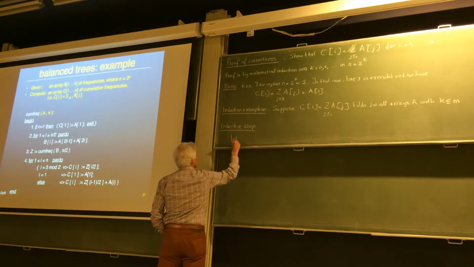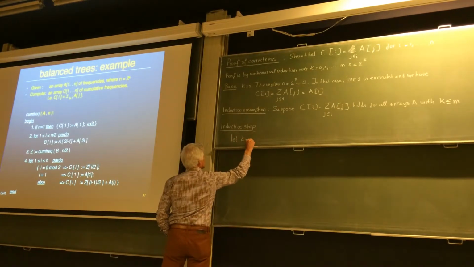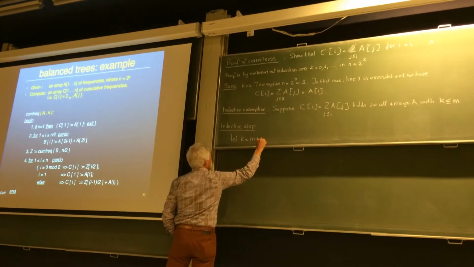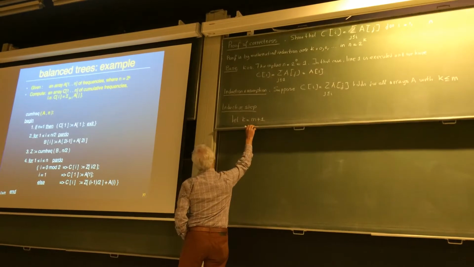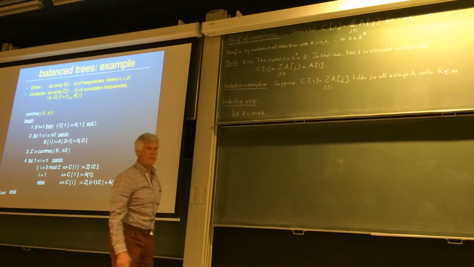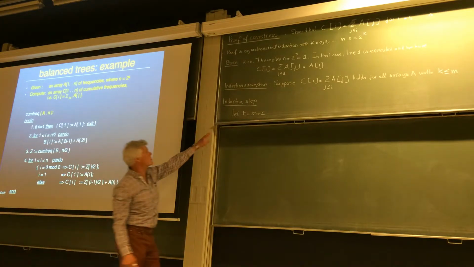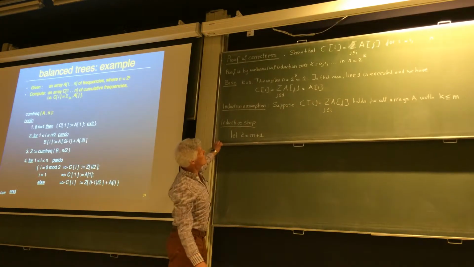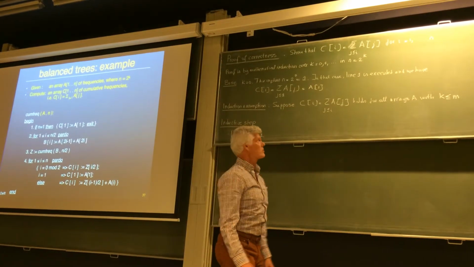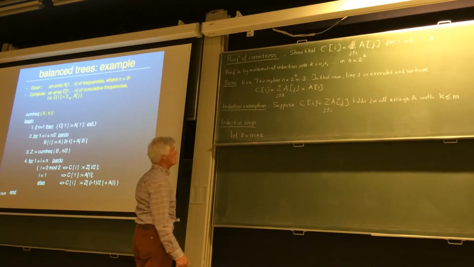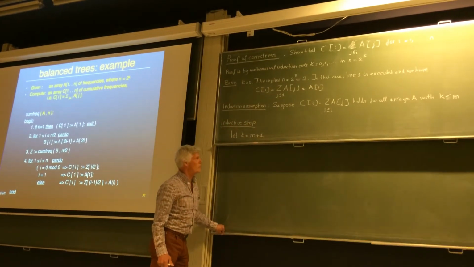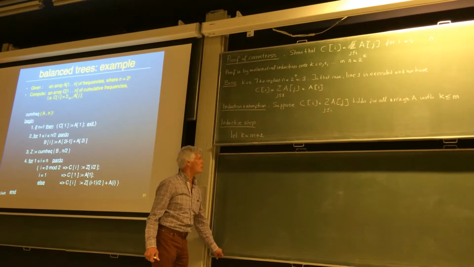Let k equal n plus 1, and now we should be able to prove that the proposition, namely Ci equals the sum of the first i elements, holds also for arrays of size n plus 1.